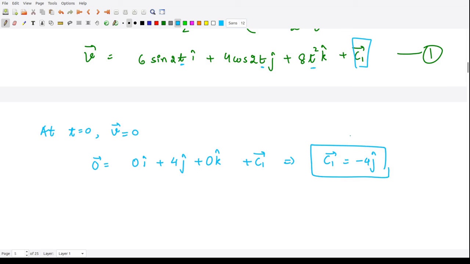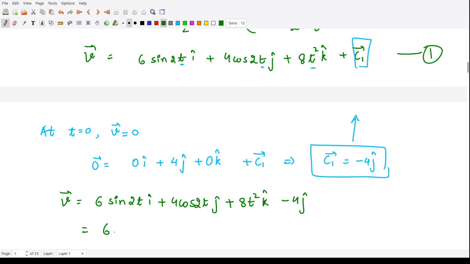So you can substitute this vector in the above equation 1. So you have the velocity as 6 sin 2t i cap plus 4 cos 2t j cap plus 8t square k cap, and the value of c1 is minus 4 j cap. So let me write it here, minus 4 j cap.